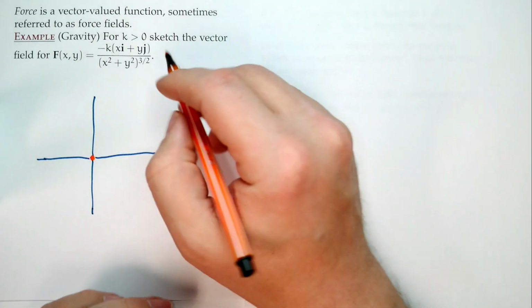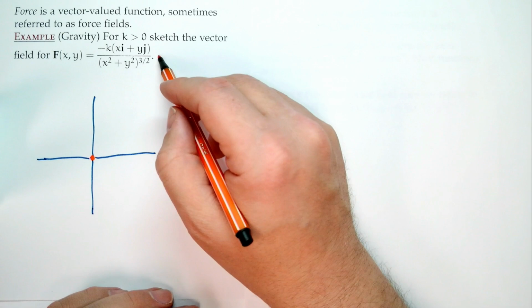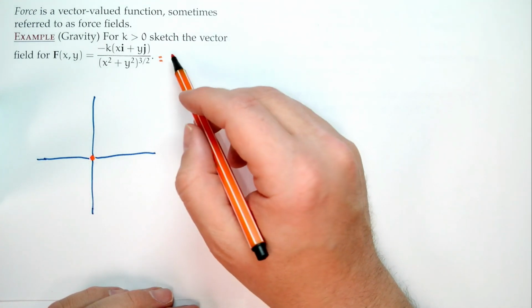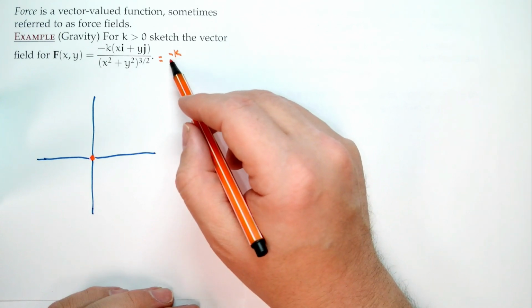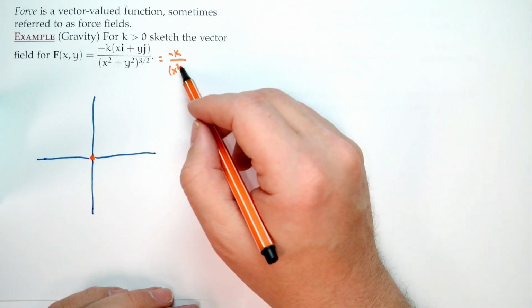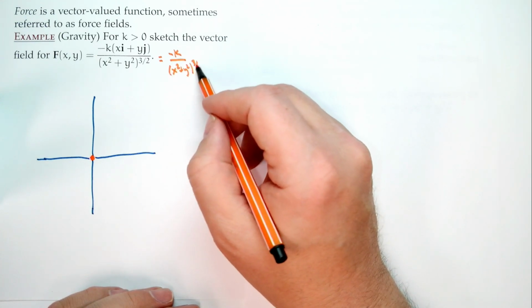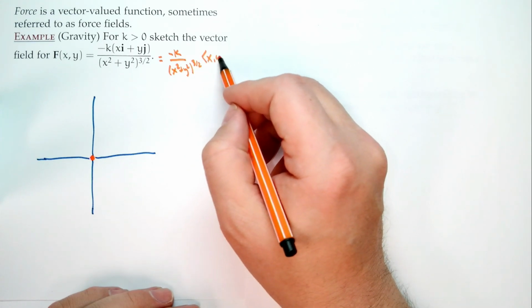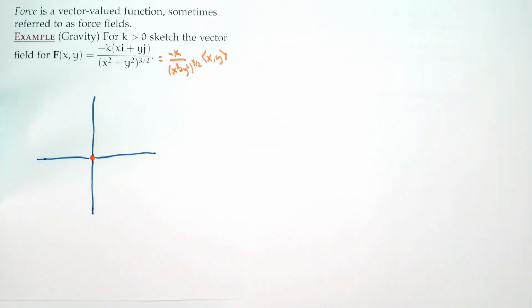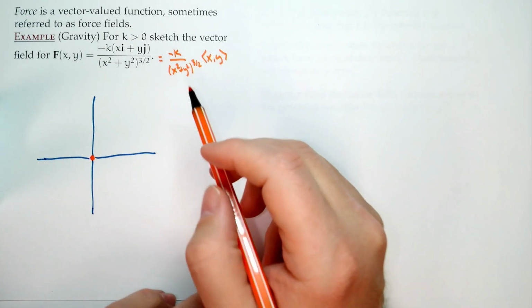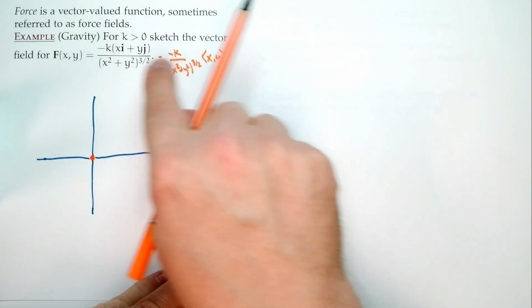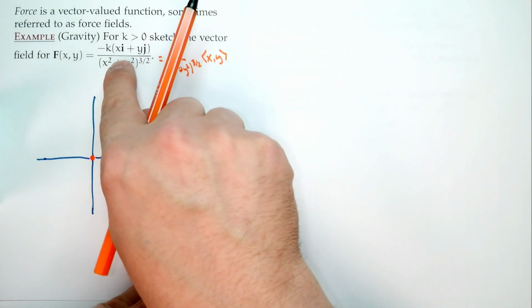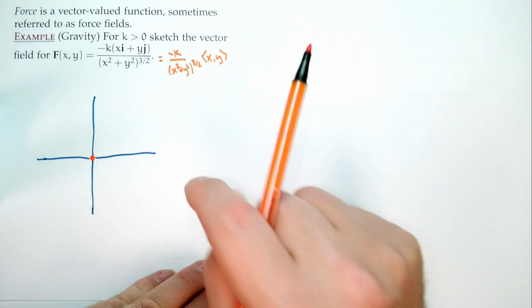Well, one way to write this, an interesting way to do it, is minus k over (x squared plus y squared) to the 3/2, times the vector x comma y. Now I'm going to do two things. I'm going to put the minus inside here. The only thing I've done right now is change my notation: instead of xi and yj, I write x, y.